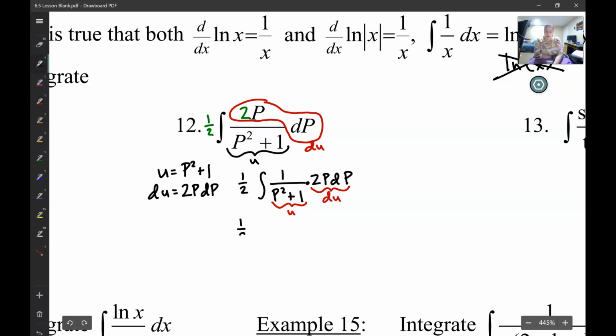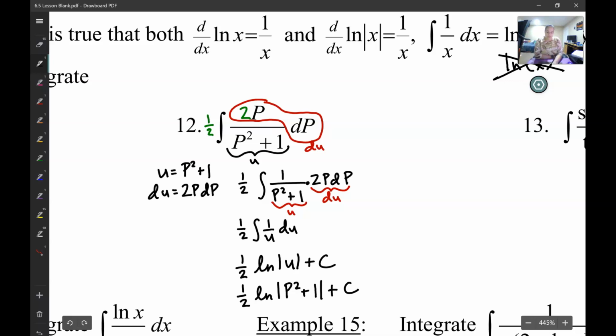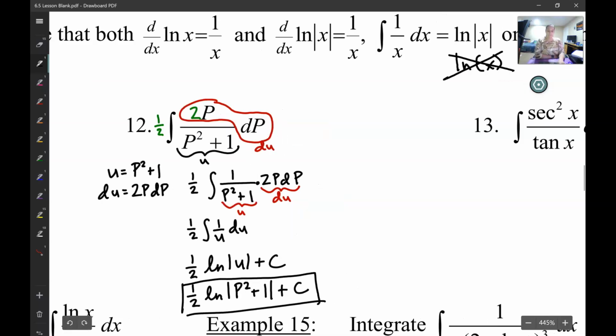So now I've got 1/2 the integral of 1 over u du. Well, 1 over u is going to be ln of u plus c, because it's an indefinite. And then I plug my u back in, so ln of p squared plus 1 plus c. And I'm done. There we go.